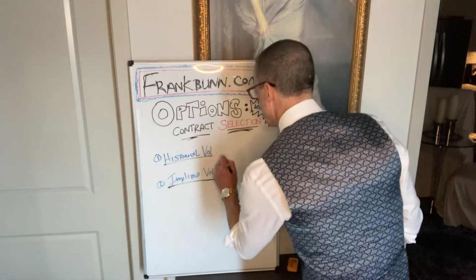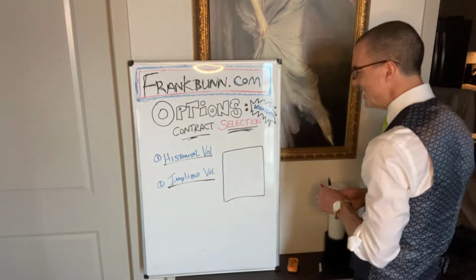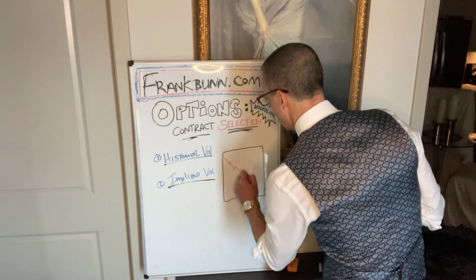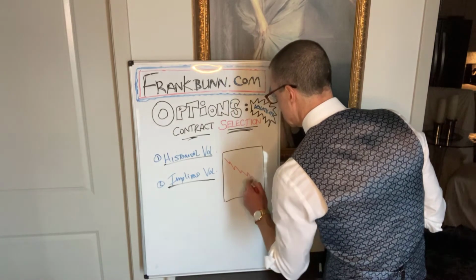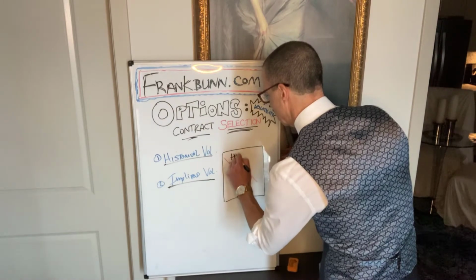Well, if we take a look at a graph, let's say this is historical volatility. This is HV.